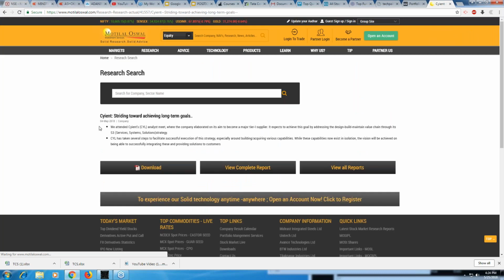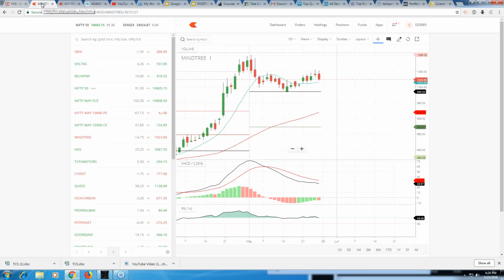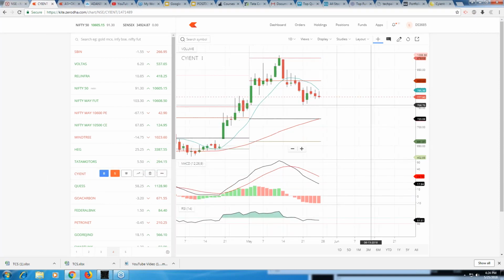We attended the analyst meet where the company elaborated on its aim. Cyient has taken several steps to facilitate successful execution of its strategy. So Cyient is one of my favorite stocks, and I definitely am looking for an entry into it, right? If I find it on a good support, good place right now, it's in a downtrend, let it come down a bit more, then I will probably take an entry into it, right?